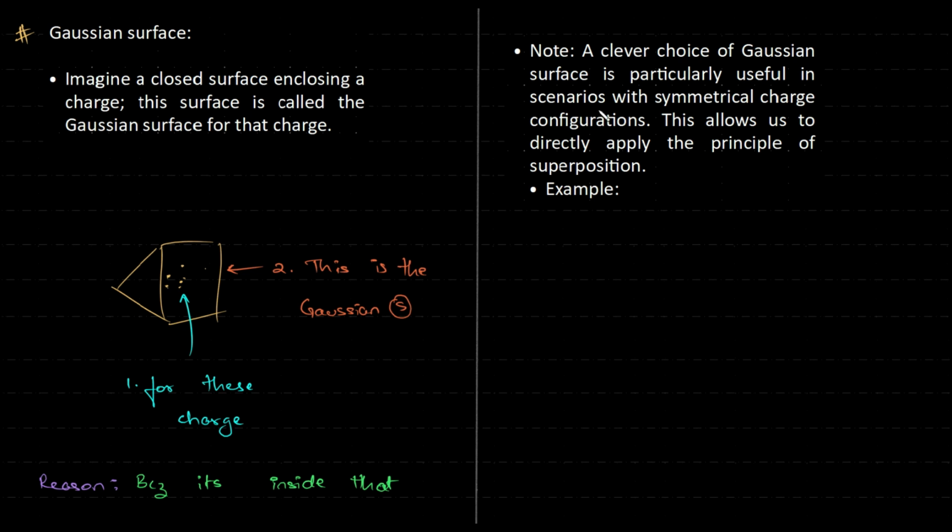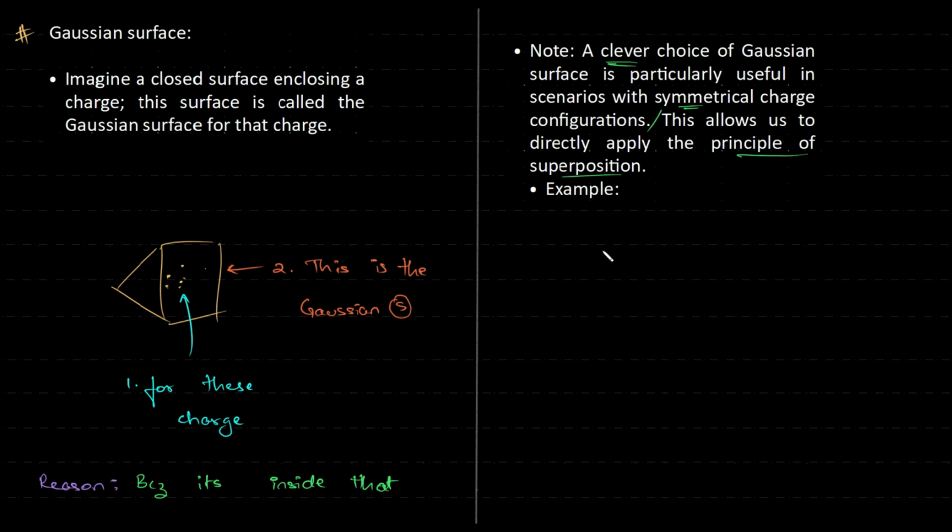Now, one idea is that it's always clever for us to use a Gaussian surface which gives us some kind of symmetry and helps us solve things. Again, the basic idea of the superposition theorem and everything, adding up everything, all of that will come together in the next set of topics.